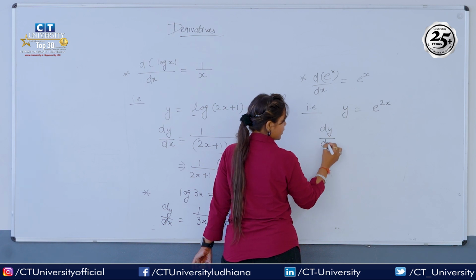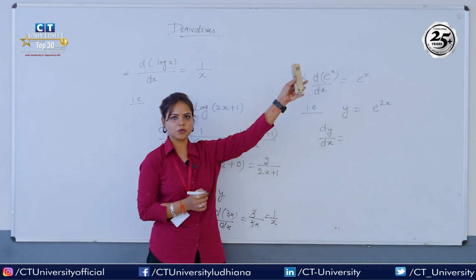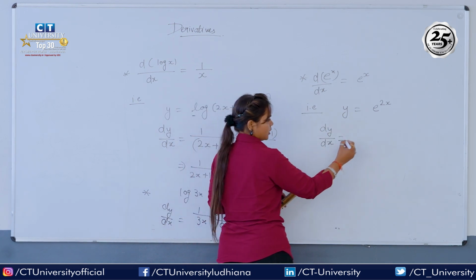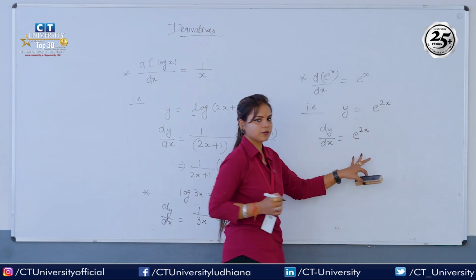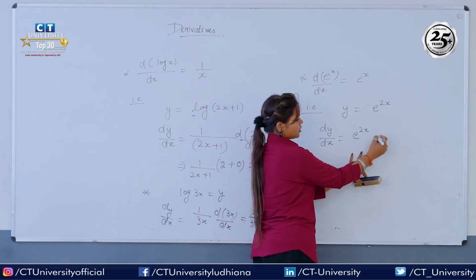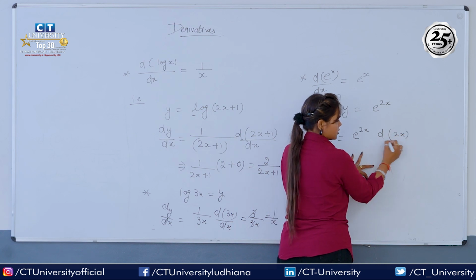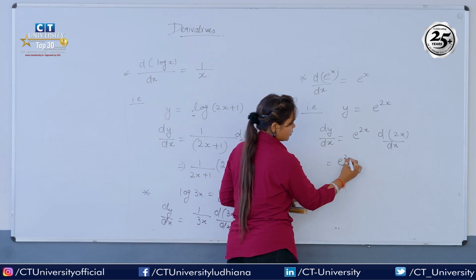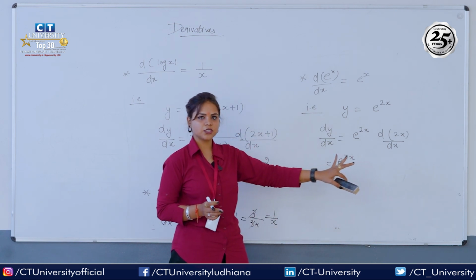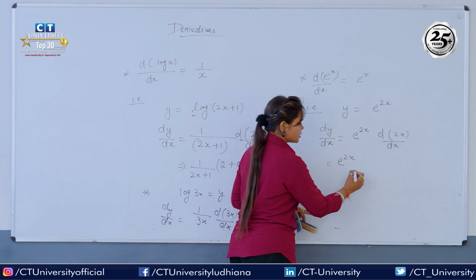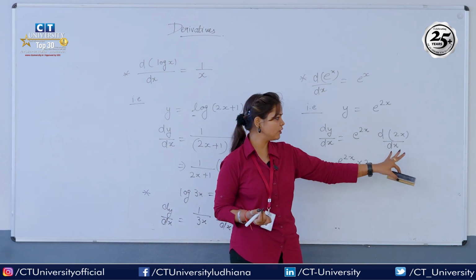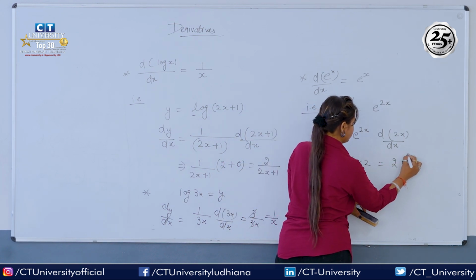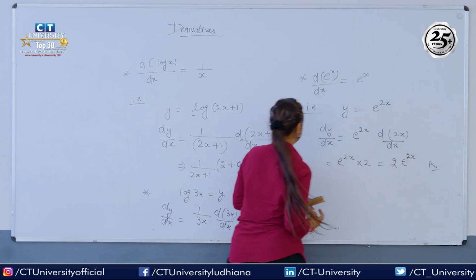Differentiate both sides. The derivative of y with respect to x is equal to e raised to power 2x as it is, times the derivative of 2x with respect to x. 2 is a constant number, and the derivative of x is 1. So 2 e raised to power 2x is the final answer.